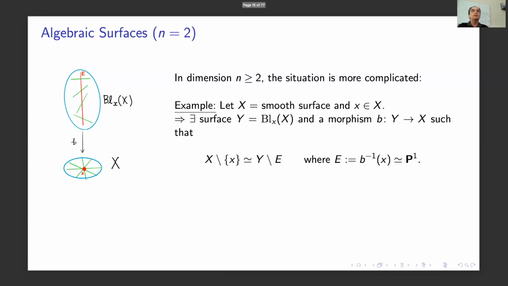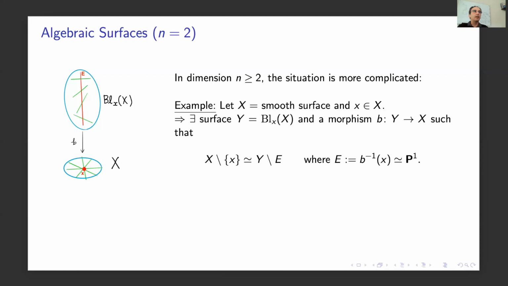Without giving too many details of how to construct such a blow up, the idea is to look at all the infinitesimal lines that pass through the point we're fixing.